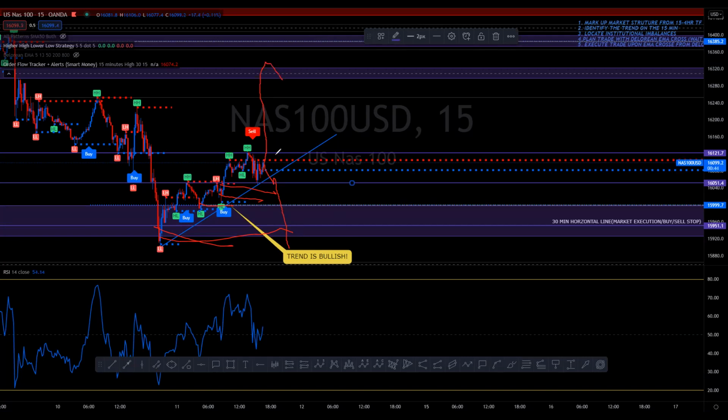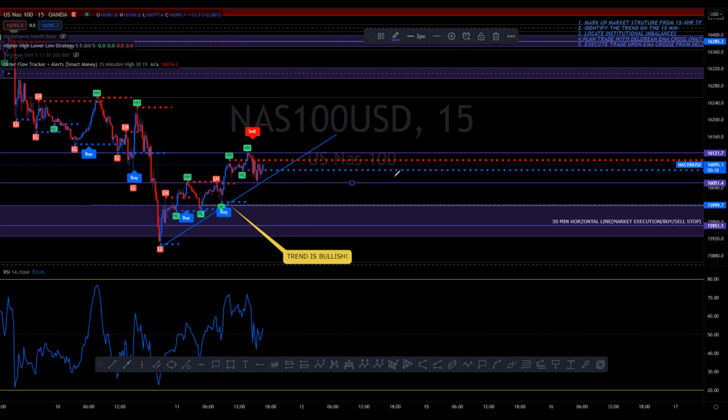Now I said price was bullish, more likely it probably is, but I want to wait for a break, retest and confirmation. If price breaks above this and buys up, then I jump to the conclusion they're going to buy it up to fill all these imbalances up here. But if price breaks down and retests here, then they're probably going to try to fill all this imbalance in here first before buying it up. So I want to wait to see what the market is going to do.